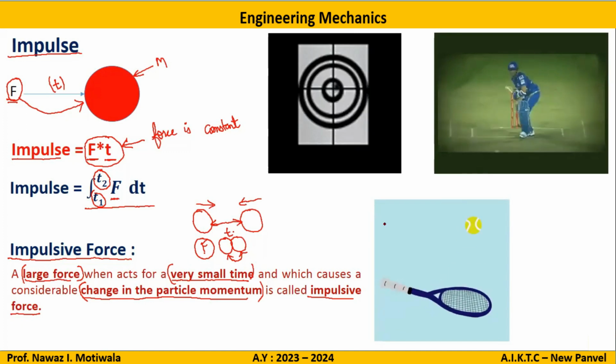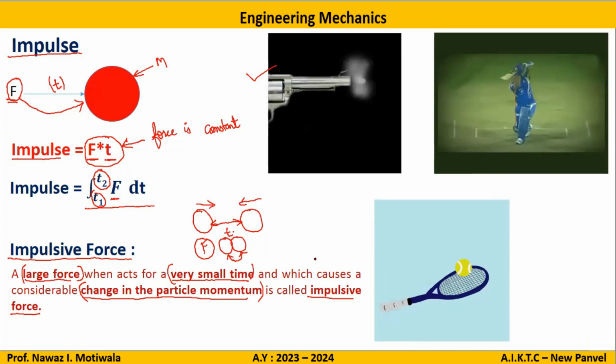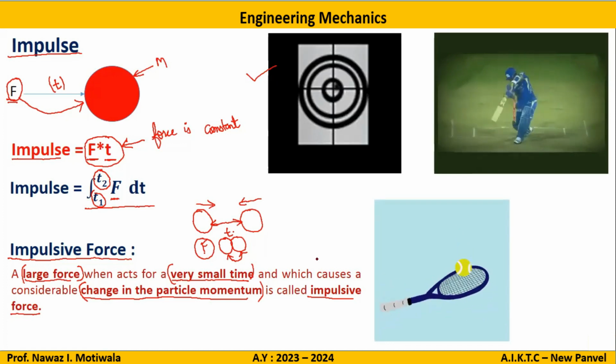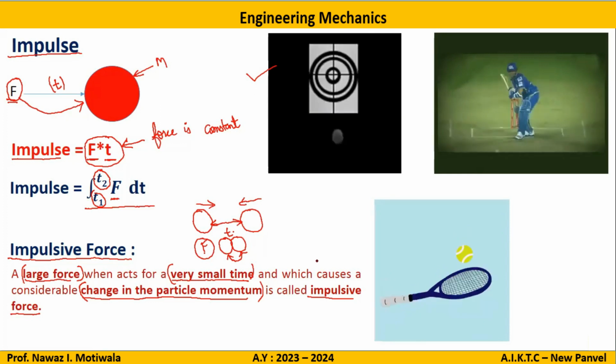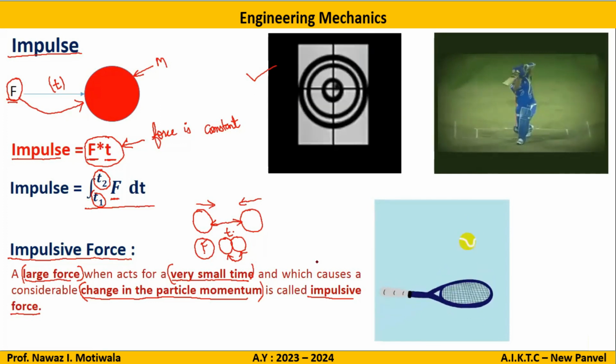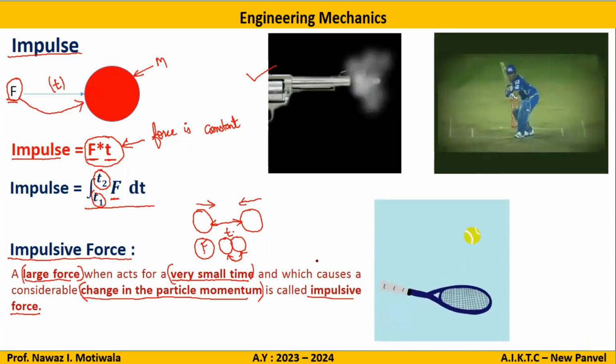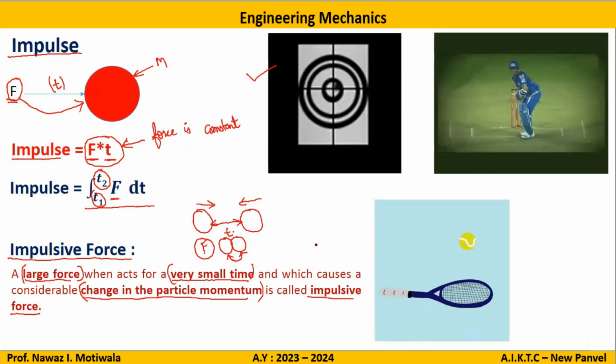Similarly, if you observe this particular image, you can see that there is a bullet which is fired from a gun. Again, a very large amount of force, that is a trigger force, is being applied for a very small amount of time. Hence we can say that it is an impulsive force.